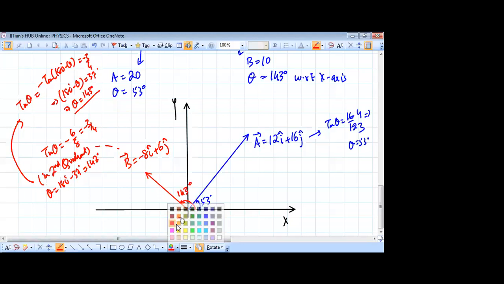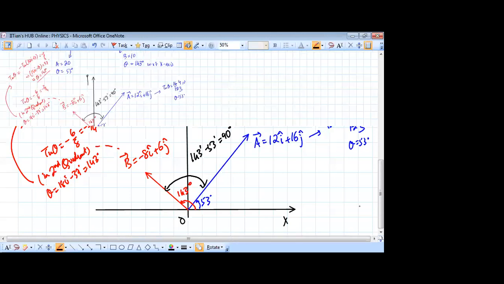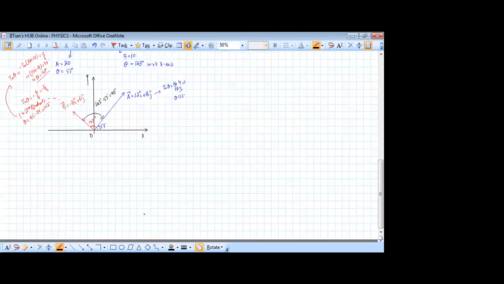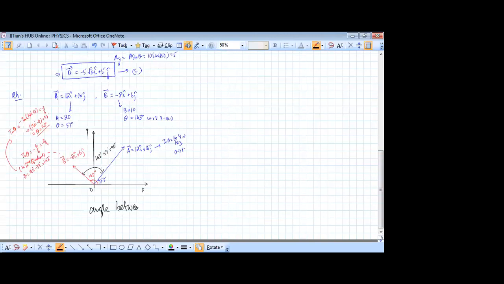Now we can see that the angle between these two is 143 minus 53 or 90 degrees. So the correct answer here will become 90 degrees. Okay, so please make a note of this if this is not clear so far.